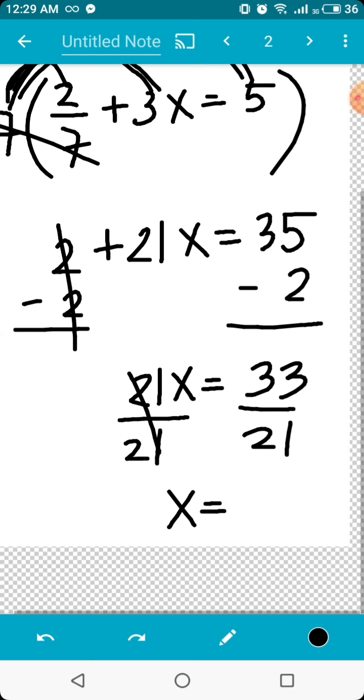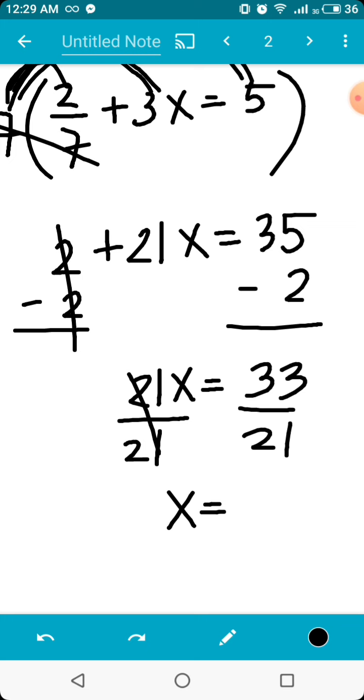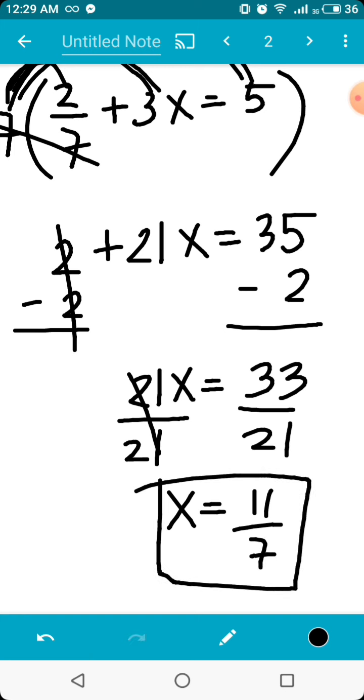And that is when we divide them by 3. Tama ba? So, 33 divided by 3, that is 11. And then 21 divided by 3, that is 7. Okay? So, that is the value of x.